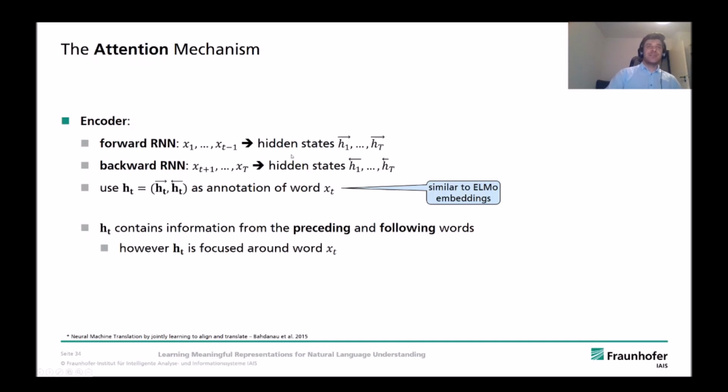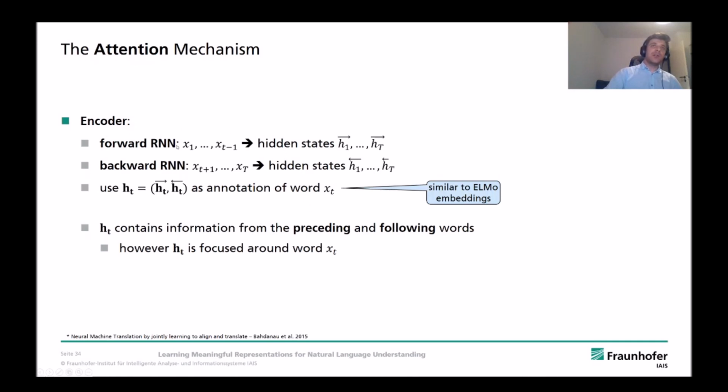And as we've seen in Elmo, these hidden vectors can be viewed as contextualized embedding representations of words. If you concatenate the left-hand and right-hand representation, we get a single representation for each word in each context. And this representation should contain information about the preceding and following words. However, it should be focused around the word that we're currently investigating.